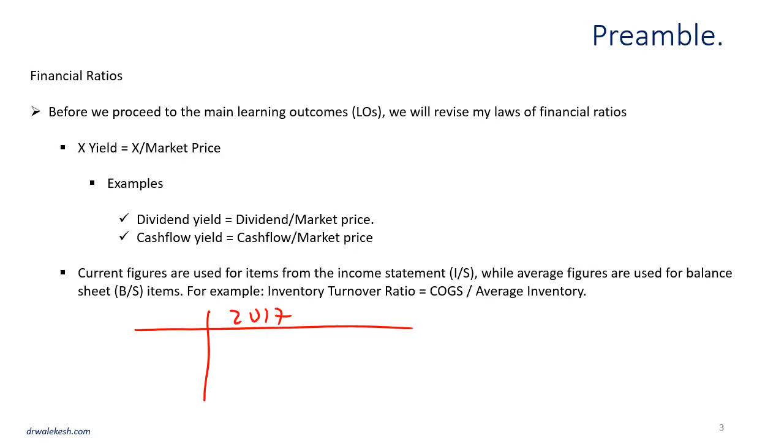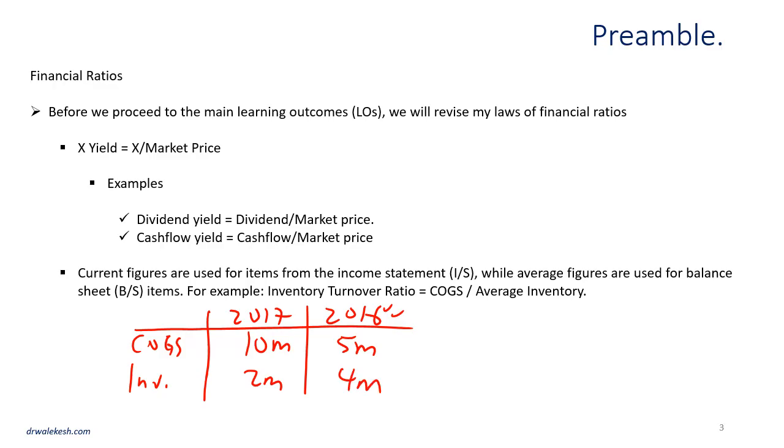Imagine we have 2017 figures and 2016 figures. The cost of goods sold in 2017, let's imagine it is 10 million. In 2016, let's assume it is 5 million. Let's also assume that inventory in 2017 is 2 million, but in 2016, let's assume it is 4 million.